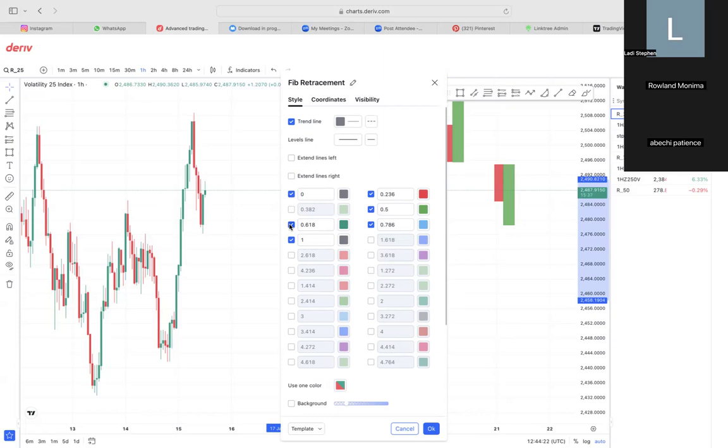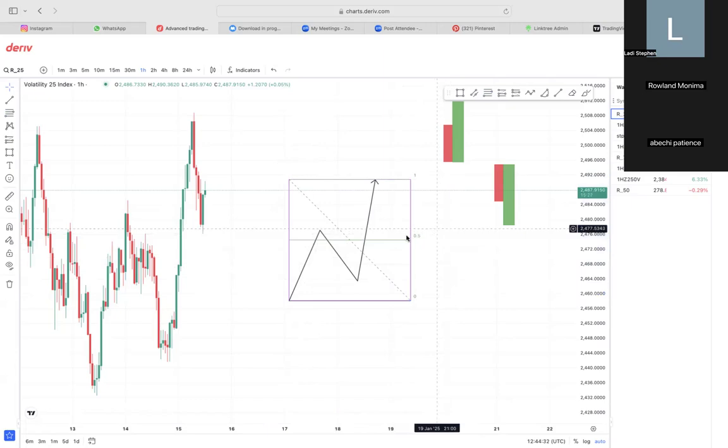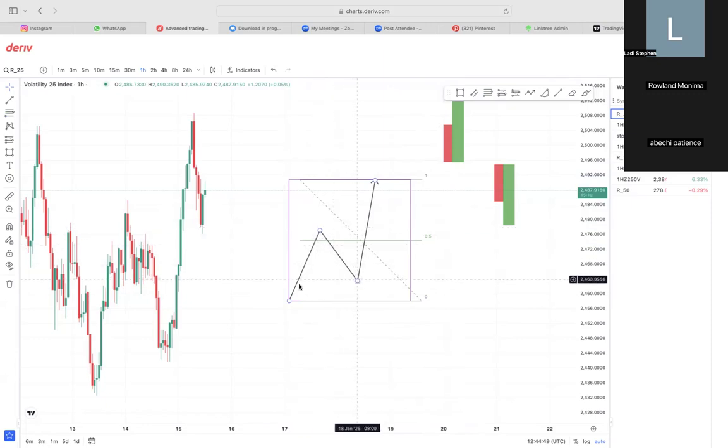So let me draw it outside so that you can see it. Using this leg in price, as price went up, price retraced. You see that price retraces a good percentage and continues.